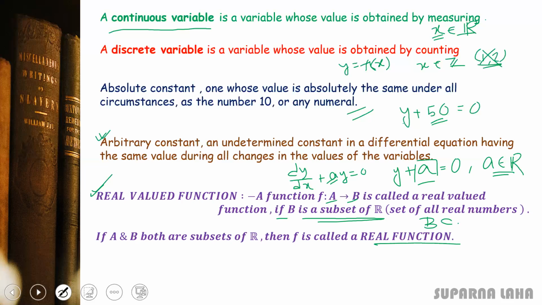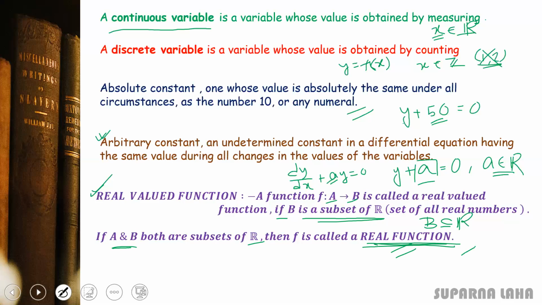B is a subset of R. Maybe B is equal to R, or it will be a subset of R. That time we will call it a real valued function. And if A and B both are subsets of R, that time we will call it a real function. Here we will talk only about the real function. We don't have any complex function.